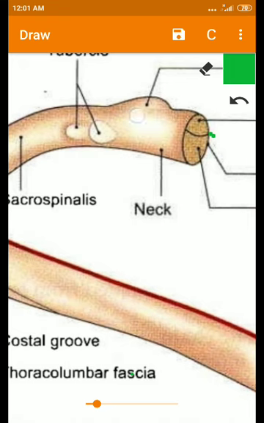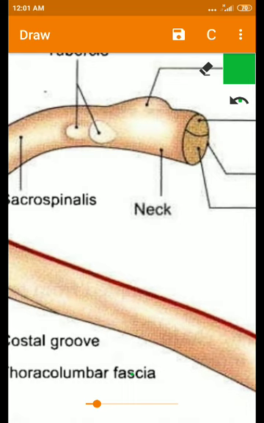That means if it is the third rib, this lower facet articulates with the superior costal facet of the third thoracic vertebra.